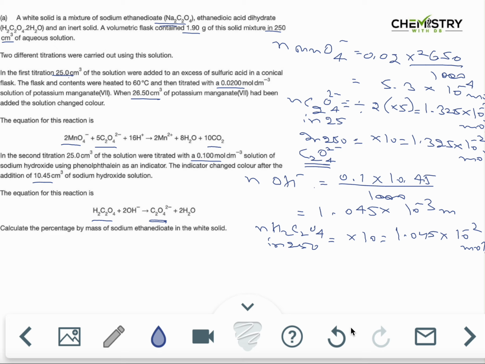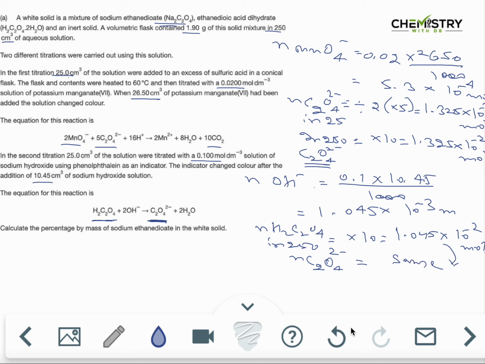Now the ratio of ethanedioic acid to ethanedioate ions generated is 1 to 1. So the number of moles of C2O4 2- ions that came just from the ethanedioic acid is also the same as this.